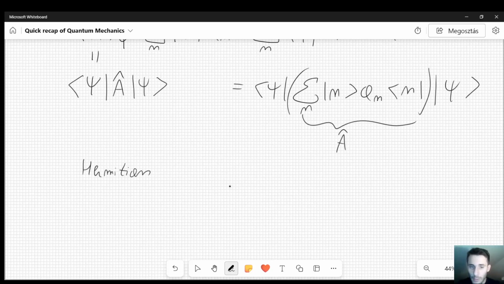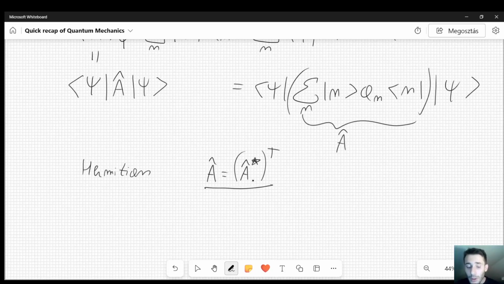An operator is said to be Hermitian if the operator is equal to the complex conjugate transpose of the operator itself. So you can think of the operator as a certain matrix. You take the complex conjugate and then you transpose, or vice versa. You can take the transpose and then the complex conjugate, and these two should be equal.